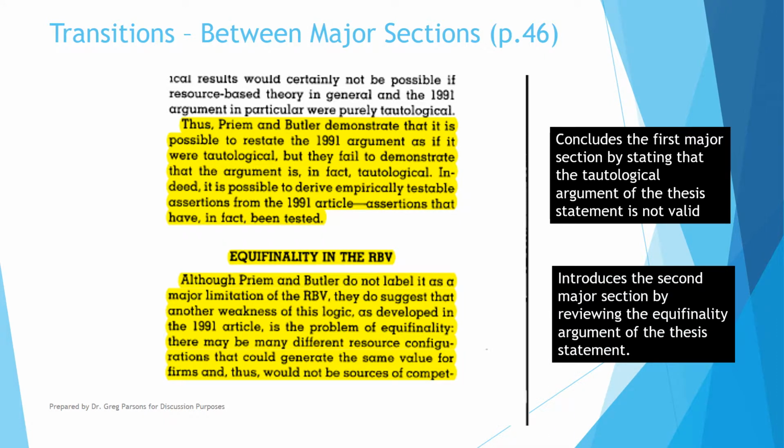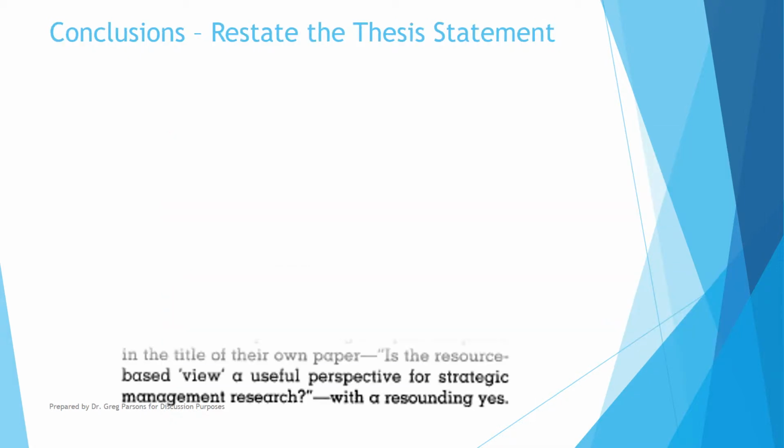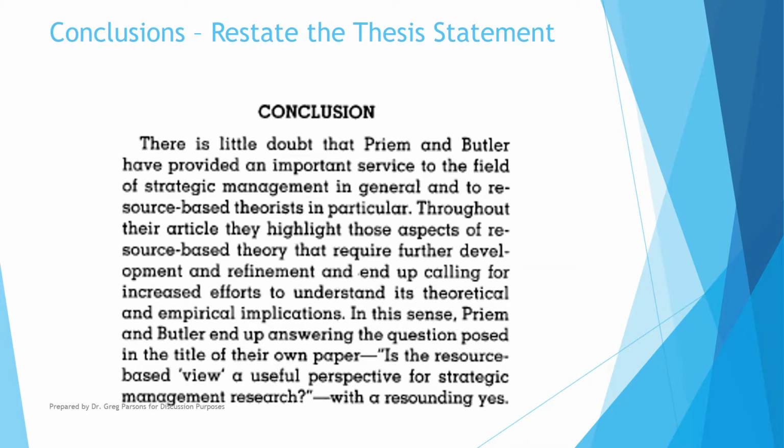Okay, and everything ties back to what he said he was going to do in his thesis statement. There's a reason why he puts the information in there, because it's in support of his thesis. Now we come down to the conclusion, and he restates what the purpose was, that he was going to refute Priam and Butler's argument that his article was not valid.